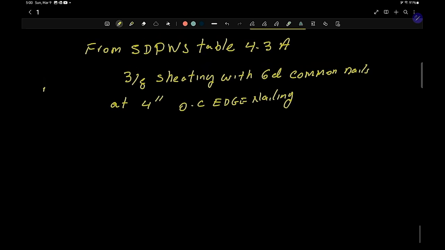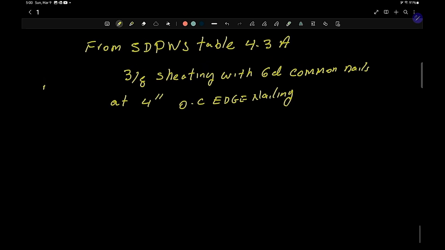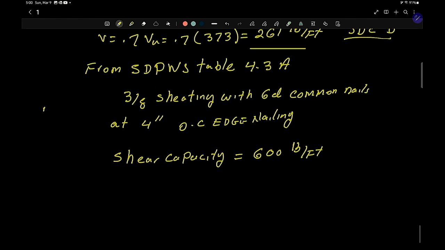Okay, and our shear capacity equals 600 pound per foot, which is bigger than our 261.